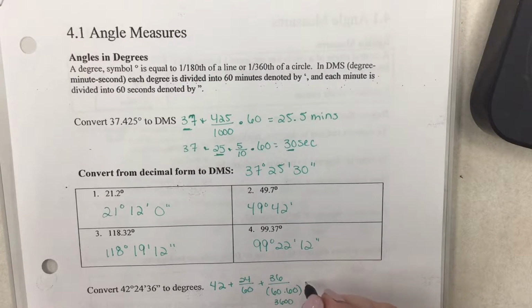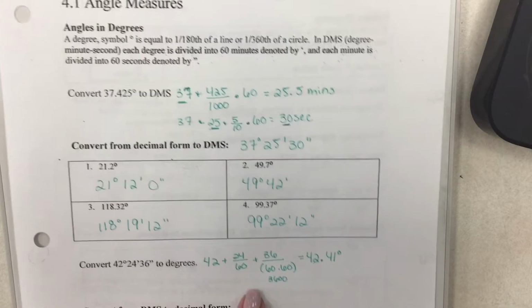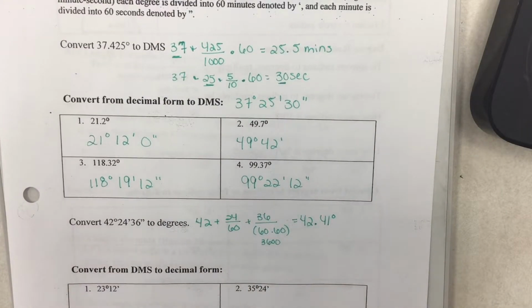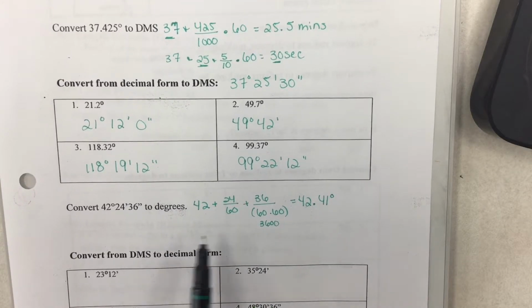And if you calculate all of that, putting that into your calculator, you would get 42.41 degrees. So calculating that out, instead of multiplication, we're doing the reverse, and so therefore we have a division problem on our hands.